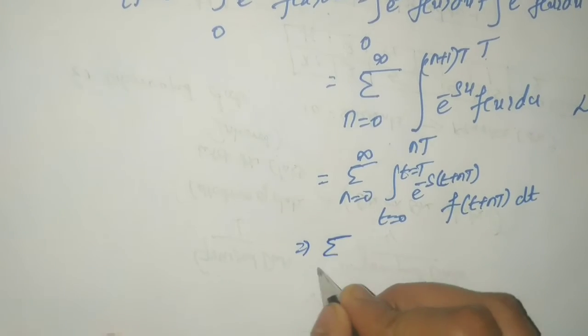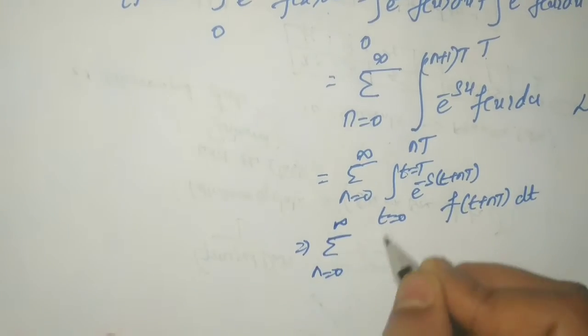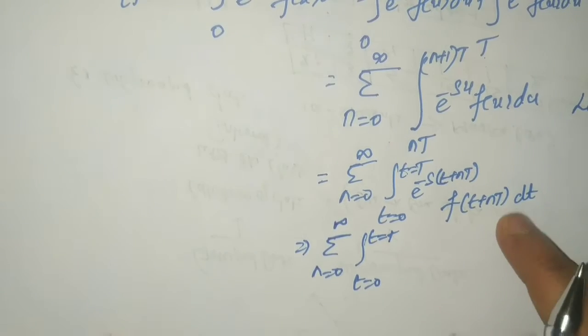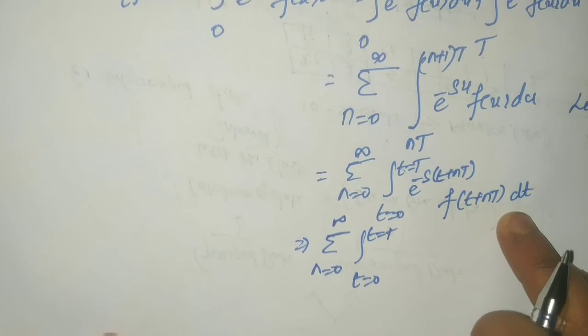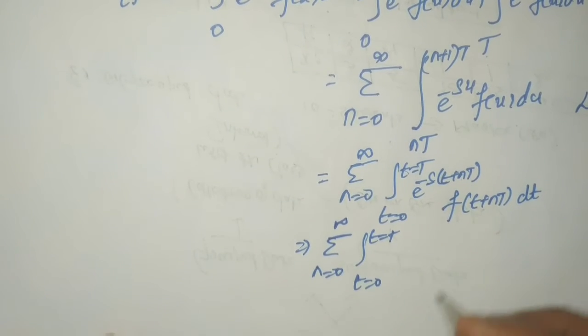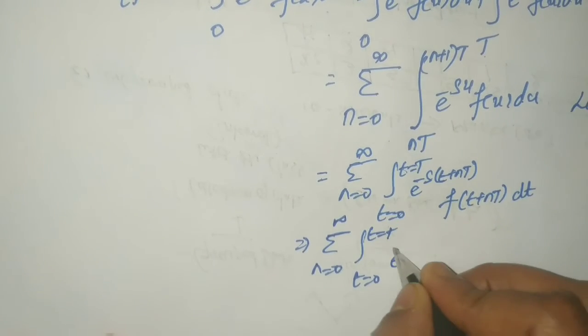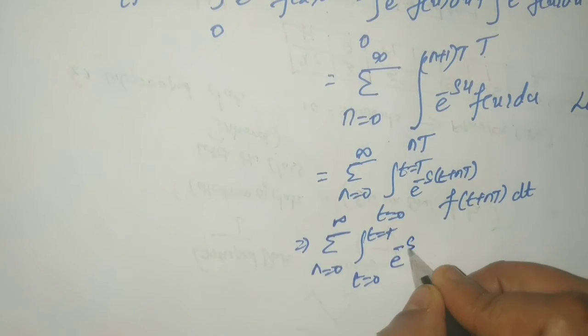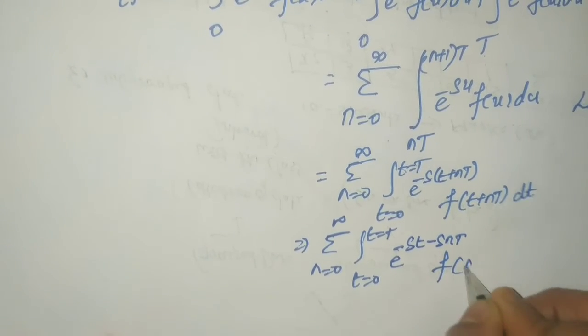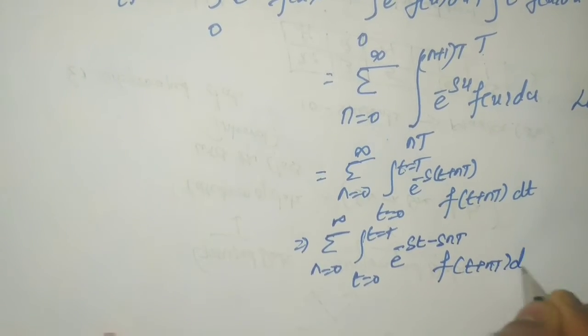So we need to further simplify. Since integration is only for t, other terms are treated as constants. So what are the other terms? s, n and T, so you can take them outside. I am segregating this exponential: e power minus st minus snT, f of (t plus nT) dt.